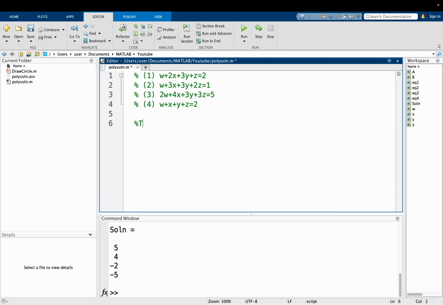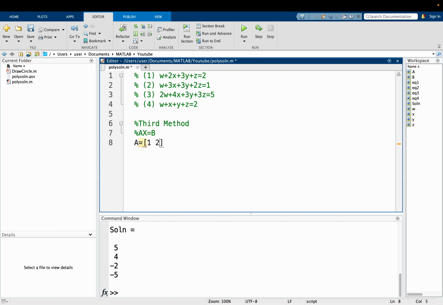So the third method: you can just define your equation in matrix form. I just have to define my A. I have 1 2 3 1 as the first equation.